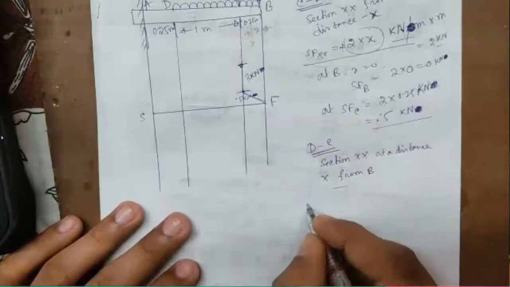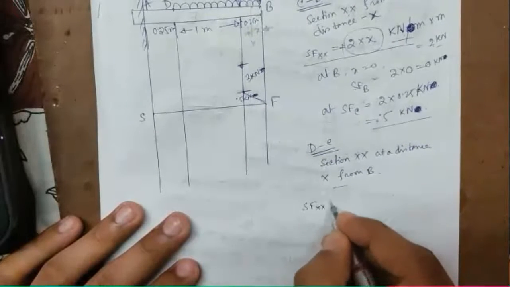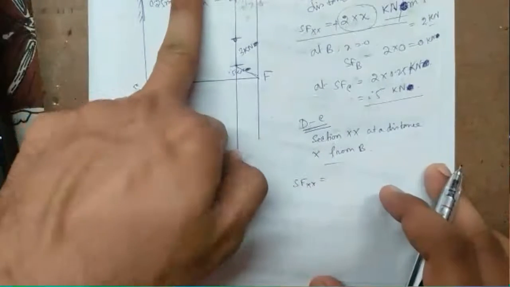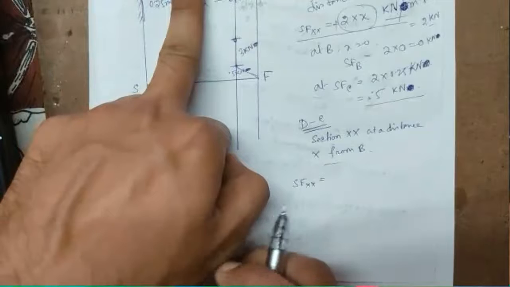The shear force at any section XX at a distance X, imagine the section is here. What will be the forces acting on it?